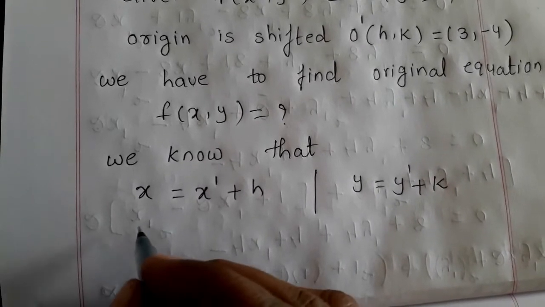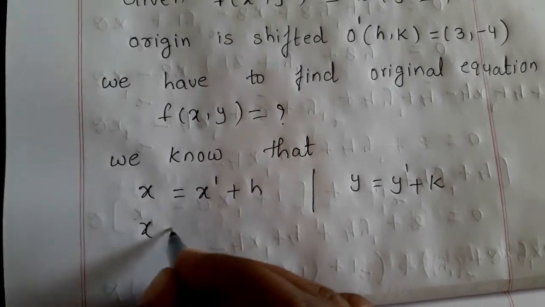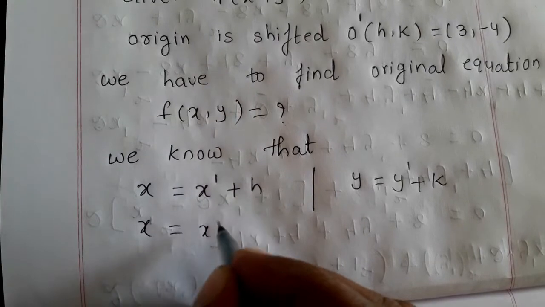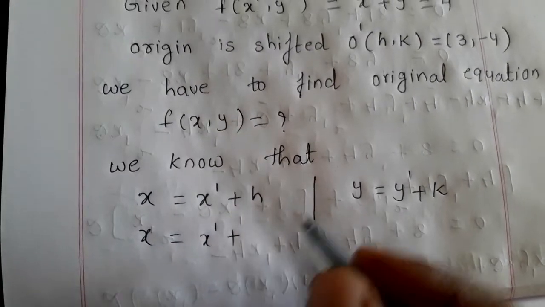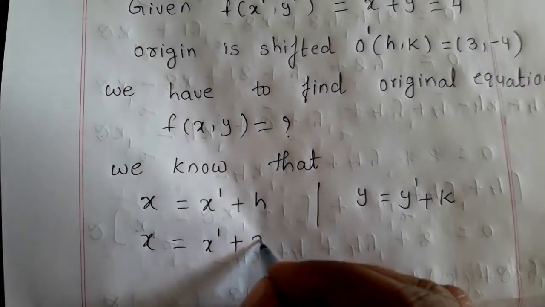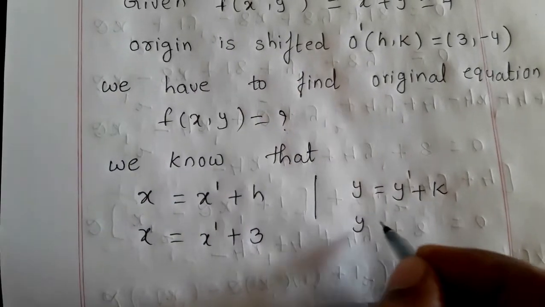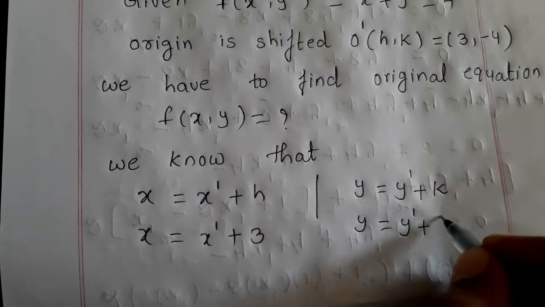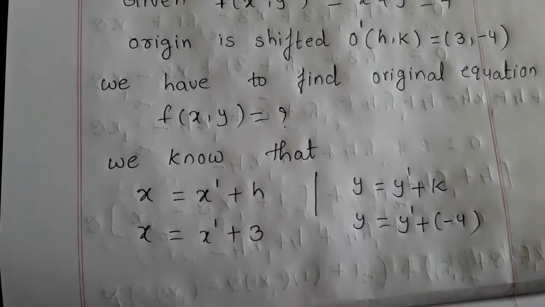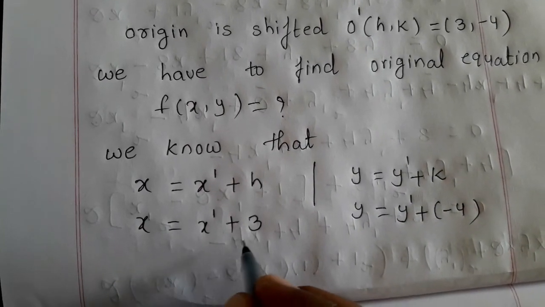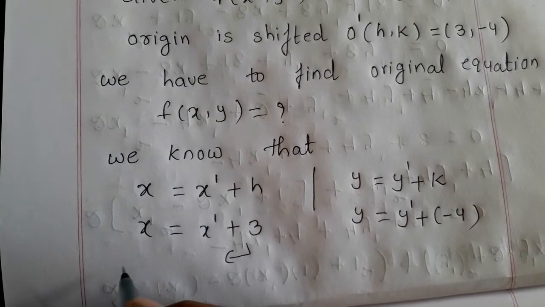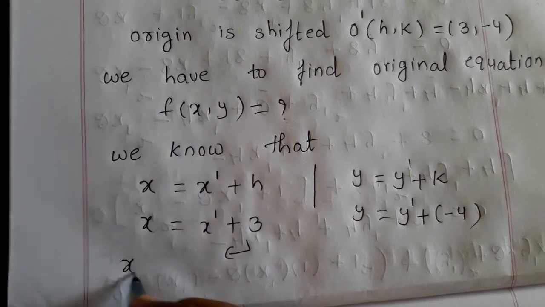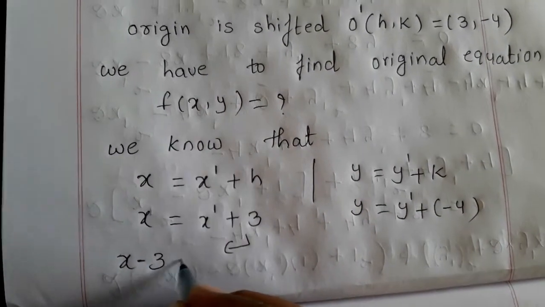So here x is equal to x dash, the h value is nothing but 3 here, substitute. y is equal to y dash plus the k value, which is nothing but minus 4. So now we bring this 3 to the left side. What happens? Just you see, x minus 3 is equal to x dash.